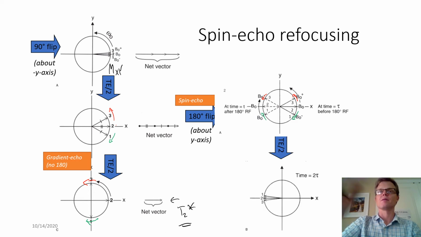And again, we're going to wait this equal time interval as we had between the 90 and 180 degree pulse. And we are going to get the net magnetizations to be perfectly aligned or in phase. And so we have eliminated the T2 prime part of T2 star.